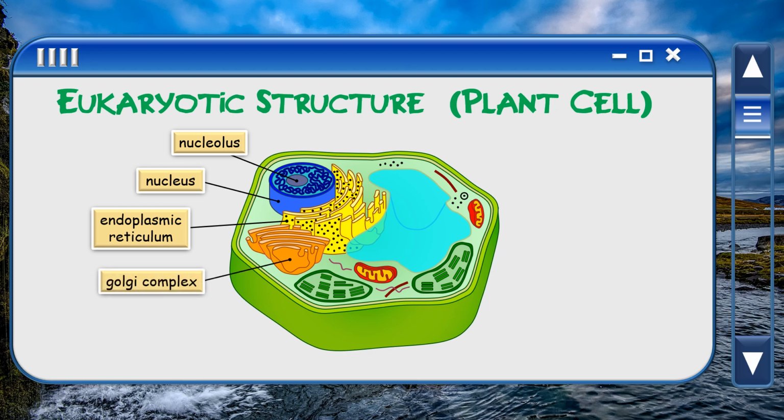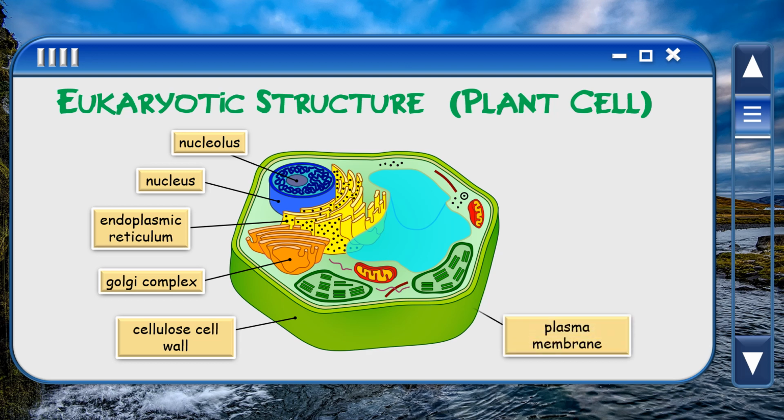We have the Golgi complex, which is responsible for the transportation of materials. Then we have the cellulose cell wall, that is the outside membrane. And then we have the plasma membrane, that layer inside. The one outside is the cellulose cell wall.